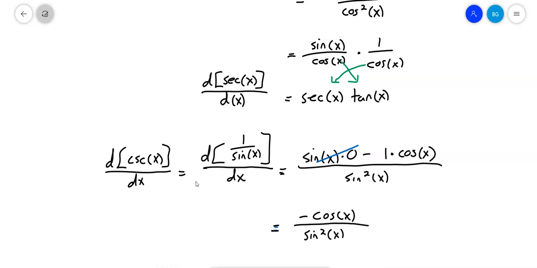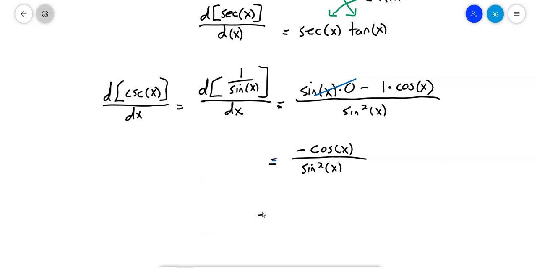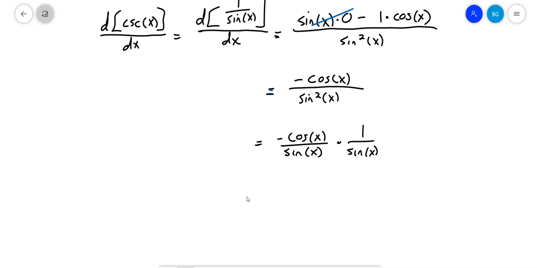But as we did before, we're going to go ahead and just write that as negative cosine over sine times 1 over sine. And it's just a little manipulation to get things into some more familiar formats. So cosine over sine is cotangent. 1 over sine is cosecant, so it's negative cosecant times cotangent.